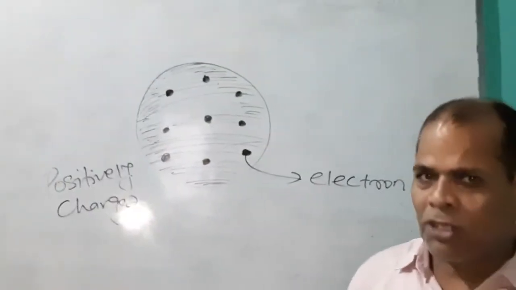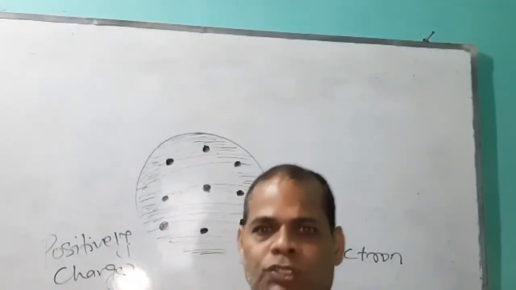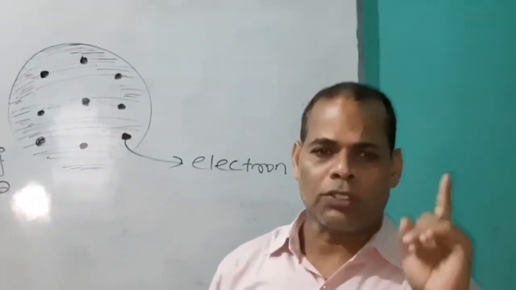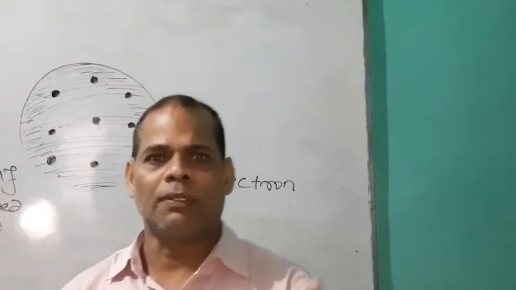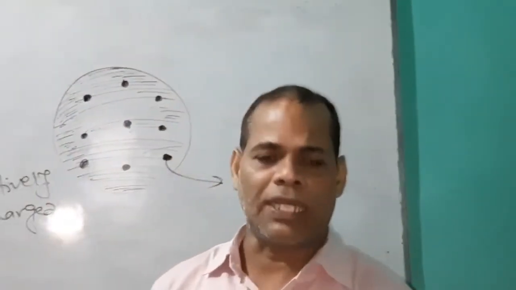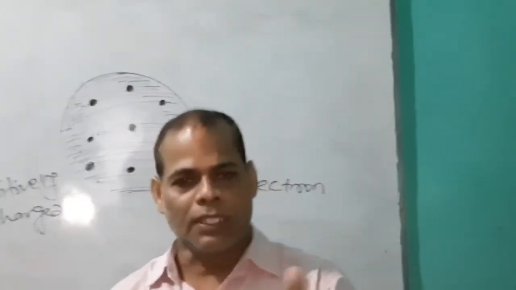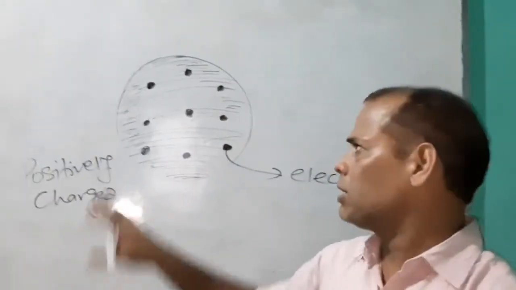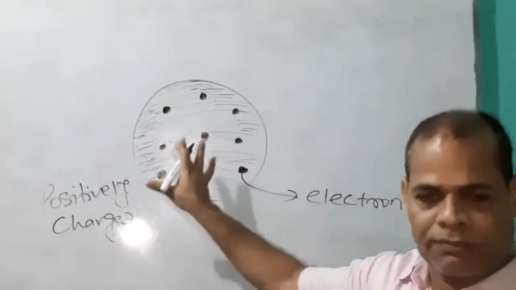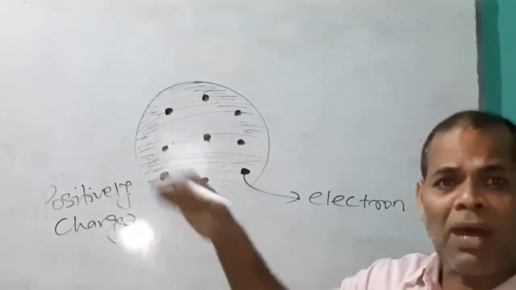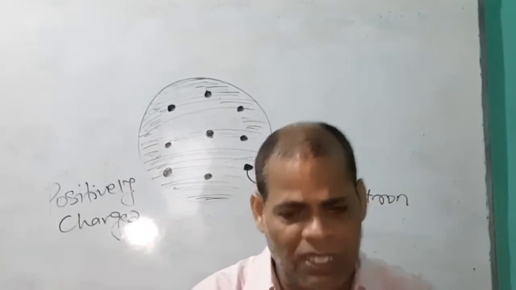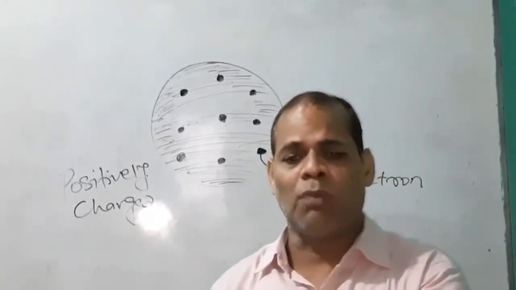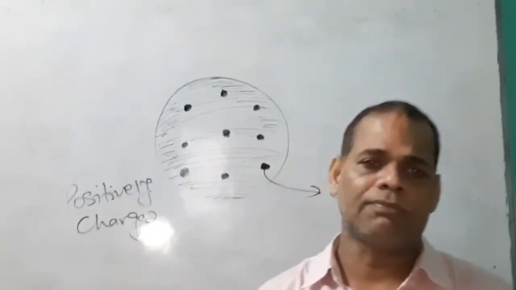These are the two important pieces of information he drew from his model. This is J.J. Thomson's model of an atom.